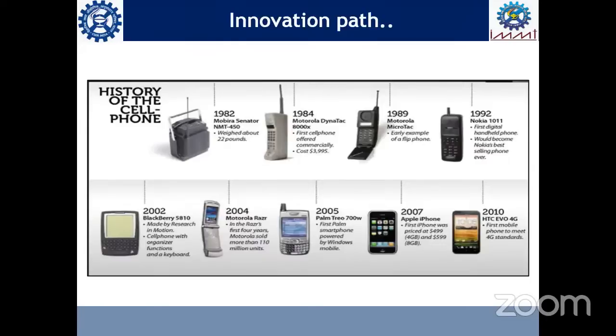So therefore, if you look into the history of mobile phones, until 1970s or early 1980s, there were no mobile phones at all. But then it started. This is the kind of phone that was available in 1982. Decade after decade, the structure, design, technology, the components started changing, started getting modified, improved, innovated.